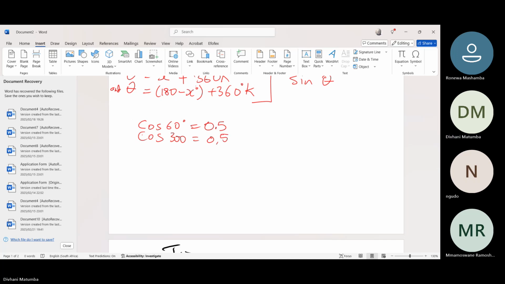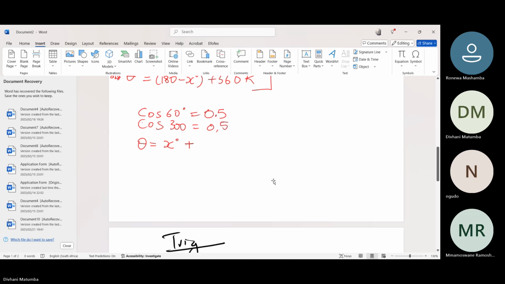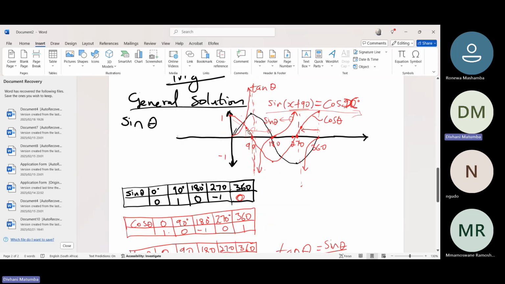Okay. So the general solutions for cos will be the angle that you get plus 360 degrees k, where k is an element of all integers, because if you add 360 degrees you are going to land on the same value.